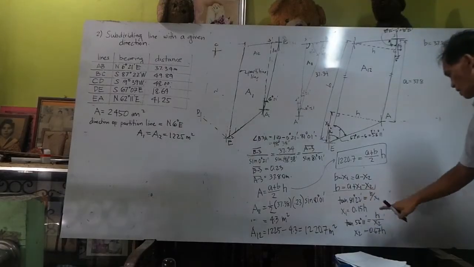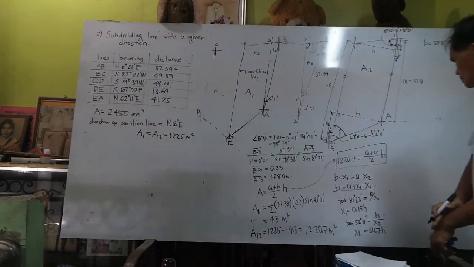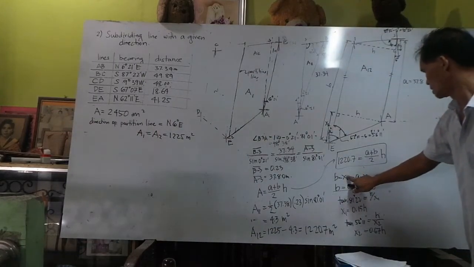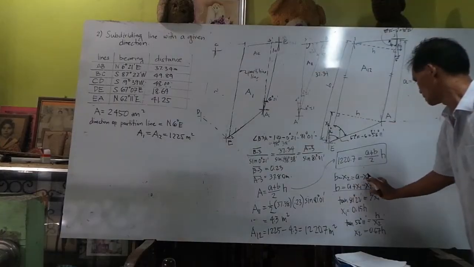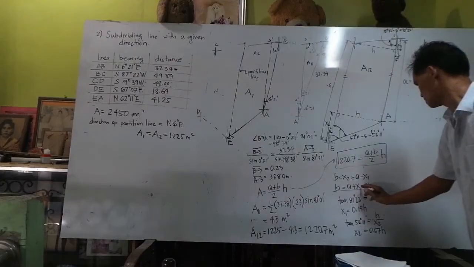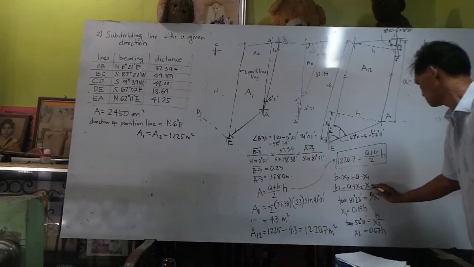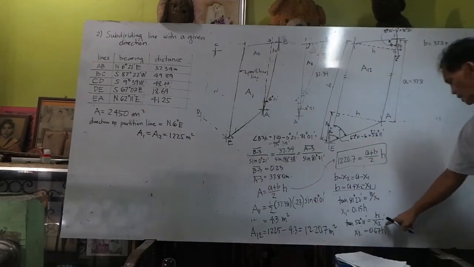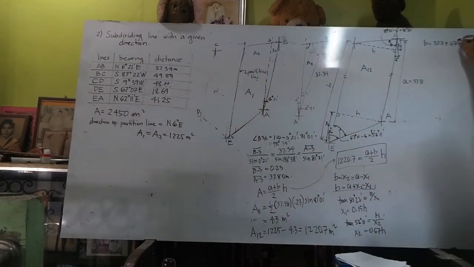Your x1, let's see, interchange this one. So, plus x2. x2 is 0.67h, minus 0.15h.